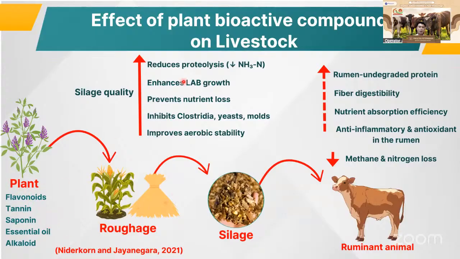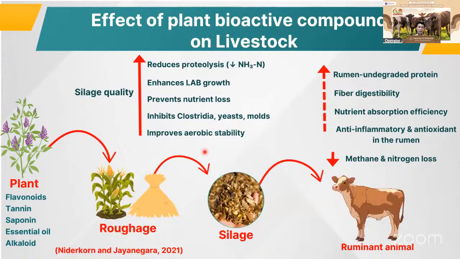So when adding plant phytonutrient compounds, we hypothesize that the quality of silage can be improved by reduced proteolysis. This can lead to lower ammonia nitrogen in the products. Furthermore, the addition of plant secondary compounds can improve lactose, prevent nutrient rot, and inhibit some undesired microbes like Clostridia, yeast, and mold.